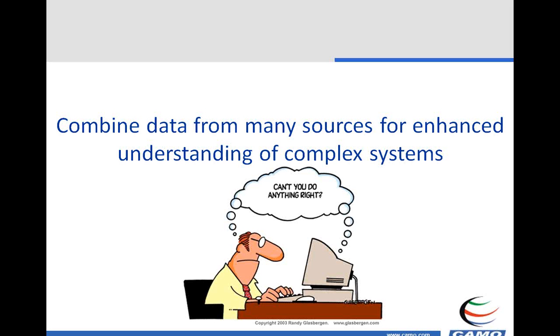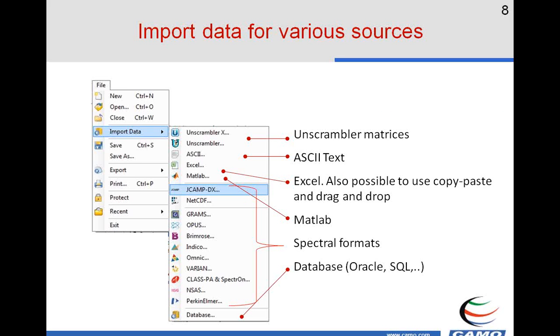The second part is combine data from many sources for enhanced understanding of complex systems. Because systems are a bit complex, you can get data from different sources. So in the Unscrambler, you can import data from different sources.